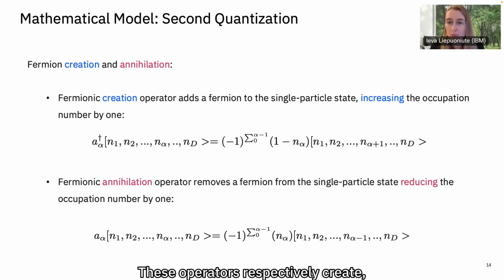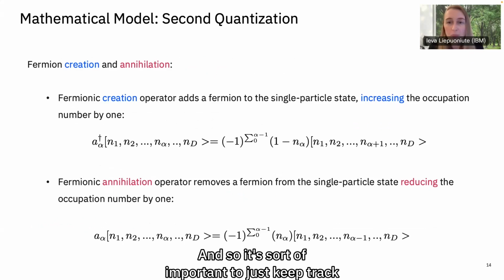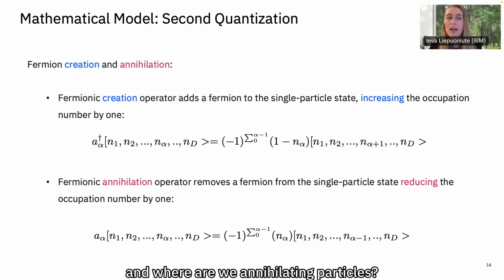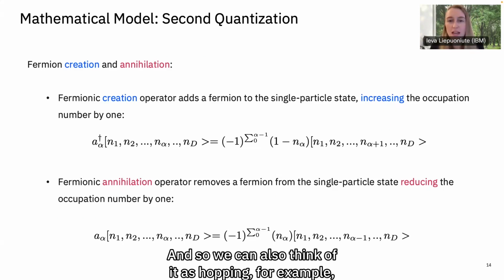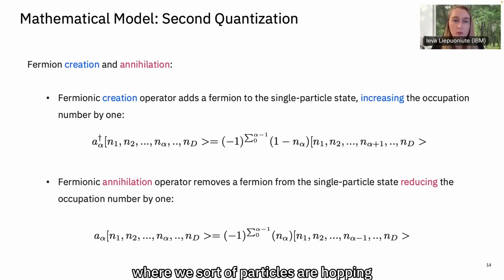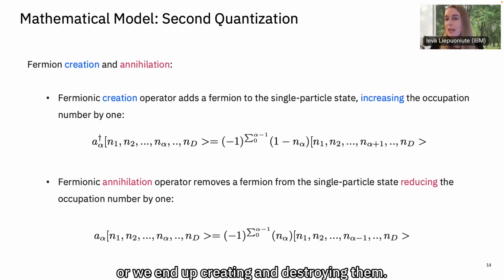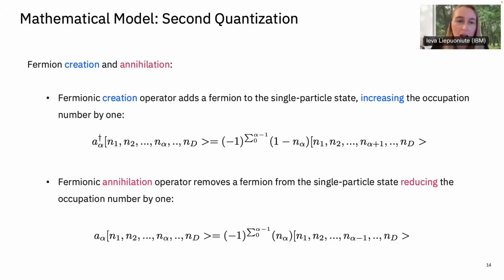These operators respectively create and annihilate particles in specified single particle states. It's important to keep track of where we are creating and where we are annihilating particles. We can also think of it as hopping, for example, where particles are hopping between different states, or we end up creating and destroying them.